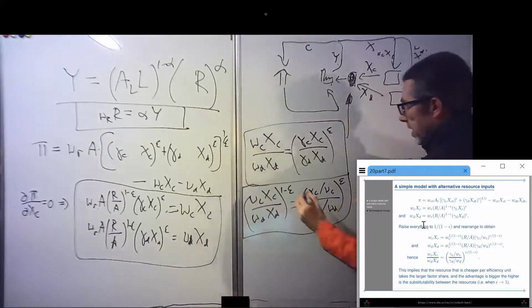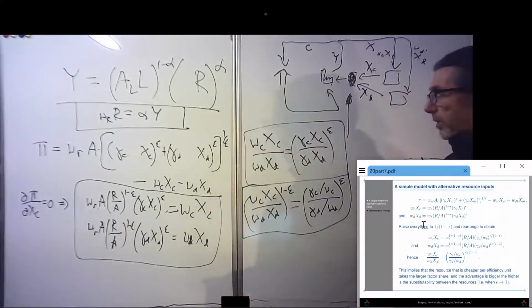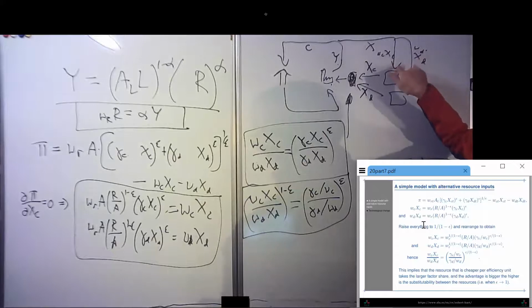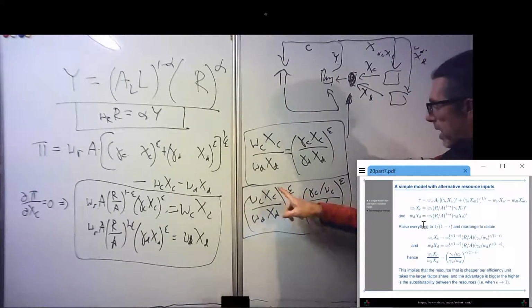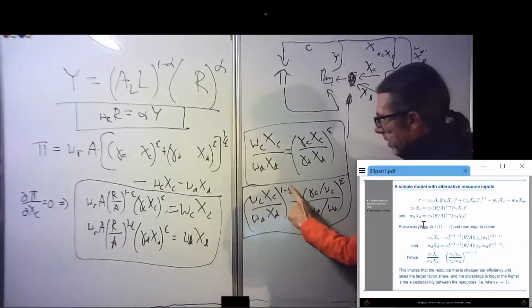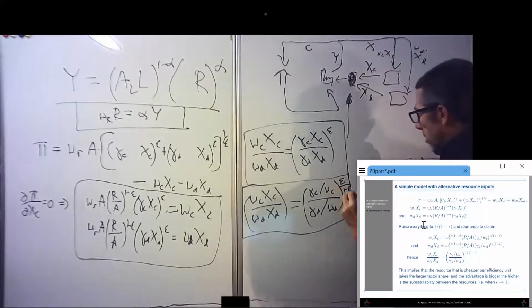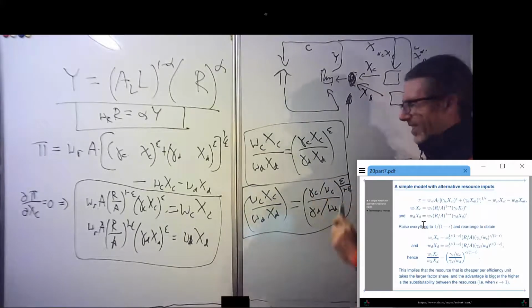So that actually is a final result, assuming that the W's are given and the X's are unknown. Then we raise everything to the 1 over 1 minus epsilon, and we end up with that. That is our final result.